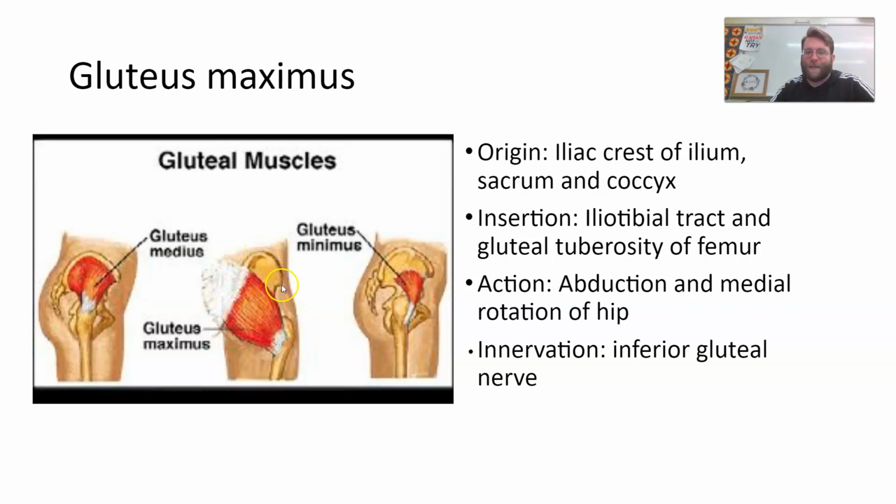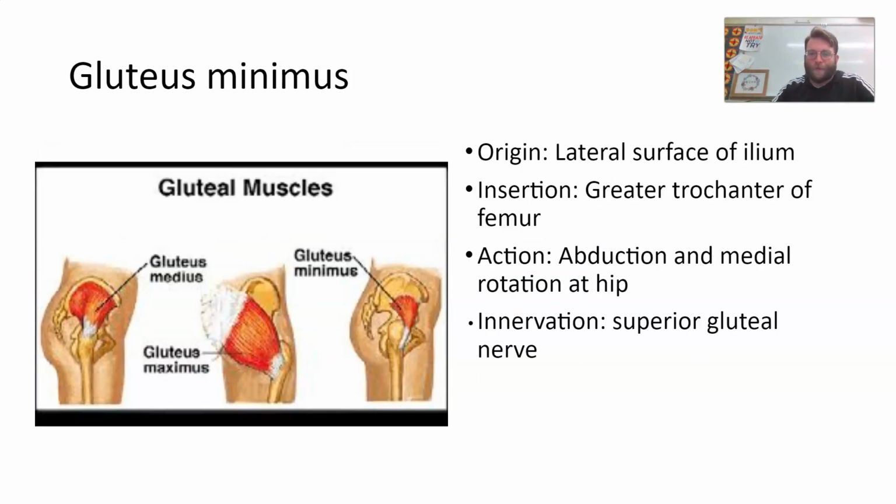So here's our iliac crest, here's our anterior superior iliac spine, and the gluteus maximus runs the entire length down here, across that, down the sacrum with this really thick aponeurosis of connective tissue, and it inserts onto the ITB, right, and the gluteal tuberosity of the femur. We learned the gluteal tuberosity, again, kind of following down from the greater trochanter to the side. That's where it's going to insert. Again, it's going to help with abduction and medial rotation at the hip. So it's going to help pull that back so that you can have that rotation in and out as you're moving the hip.